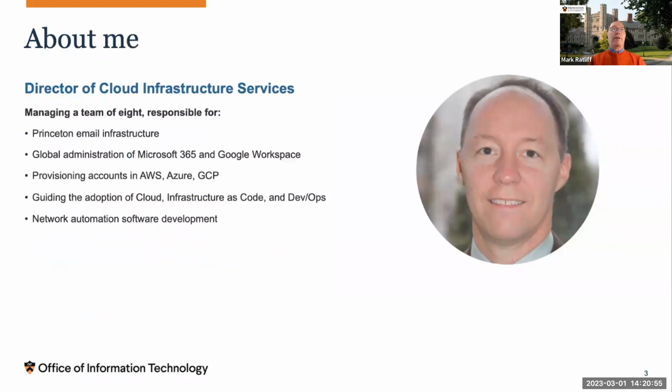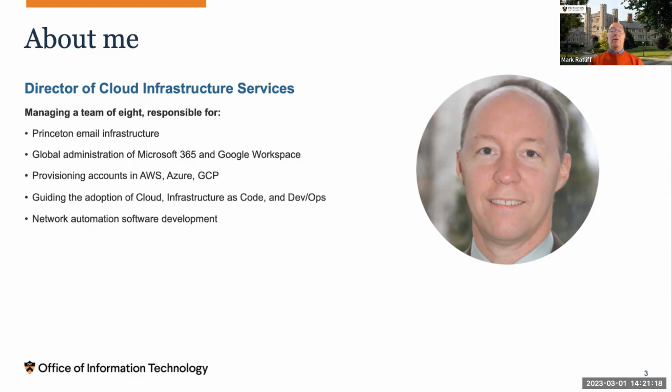So as I said, I'm the Director of Cloud Infrastructure Services. I have a team of 8 staff who are responsible for all of the email infrastructure at Princeton. We're the global administrators for Microsoft 365 and Google Workspace. We provision cloud accounts in AWS, Azure, and GCP.